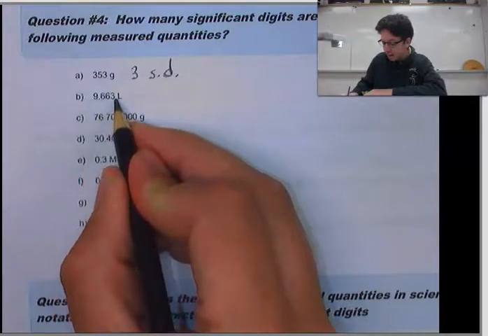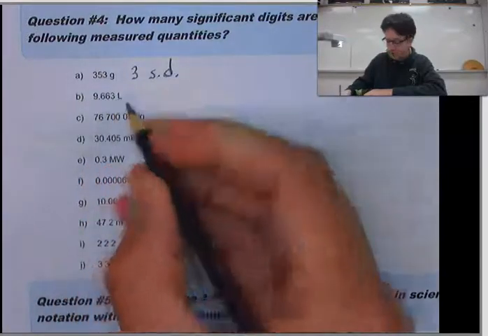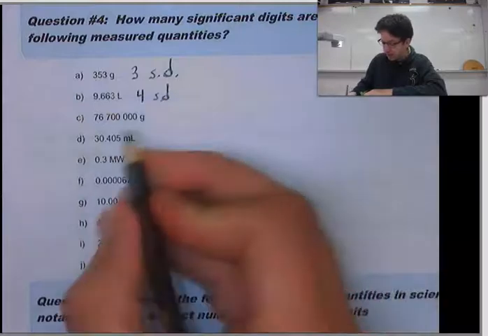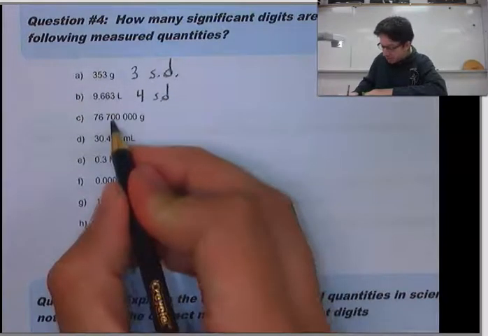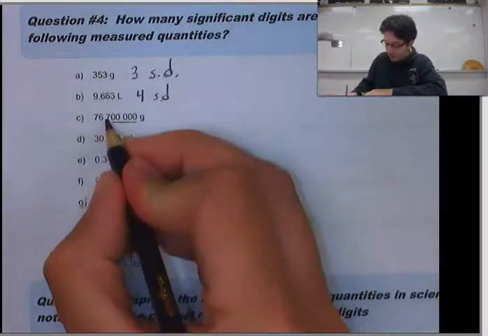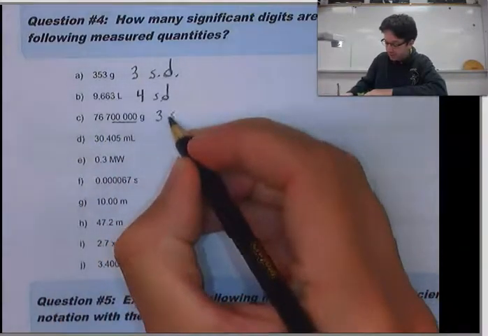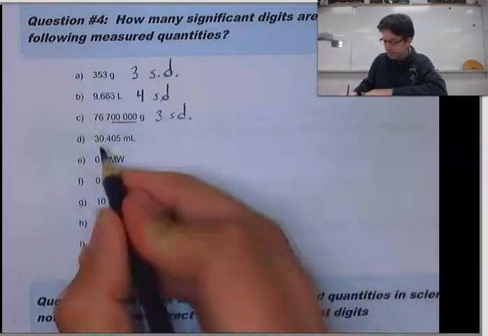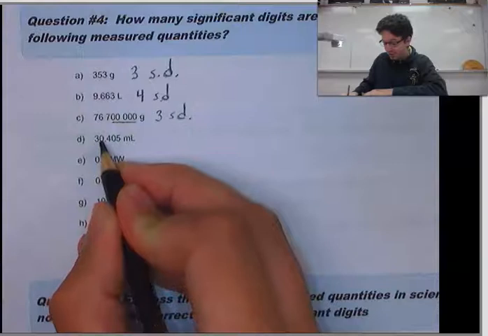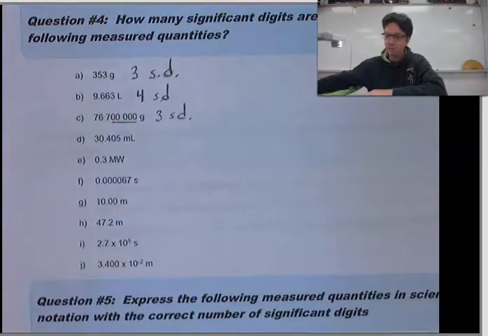This one, again, all non-zero. So it has 4. This one is like the one we just talked about. All these zeros are placeholders and they don't count. So this is just 1, 2, 3 significant digits. To recap this rule, if you have a 0 in between 2 non-zero numbers, they count.